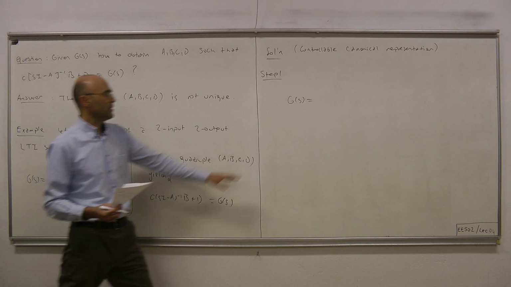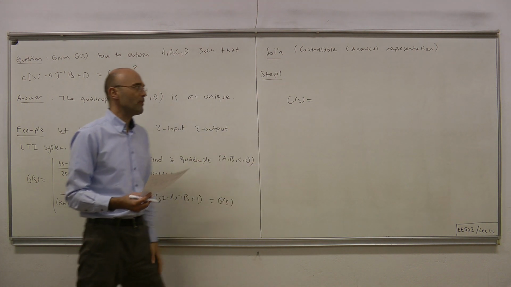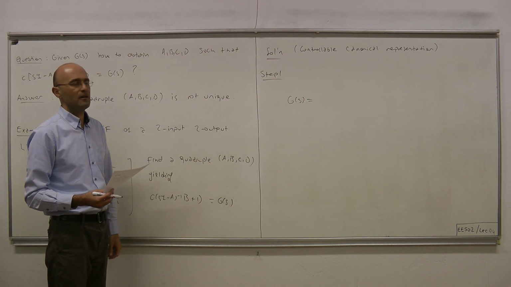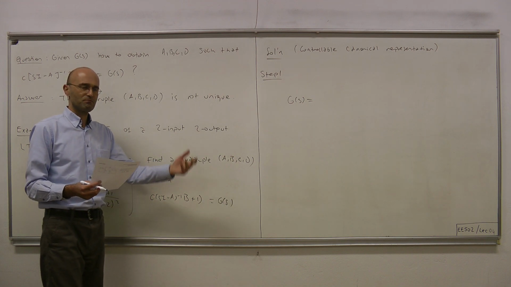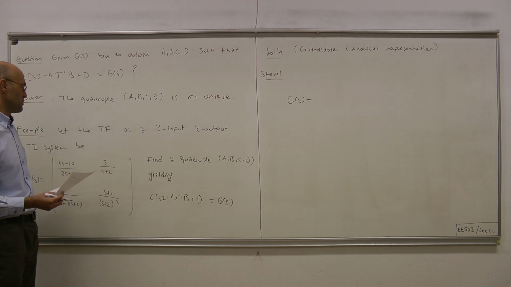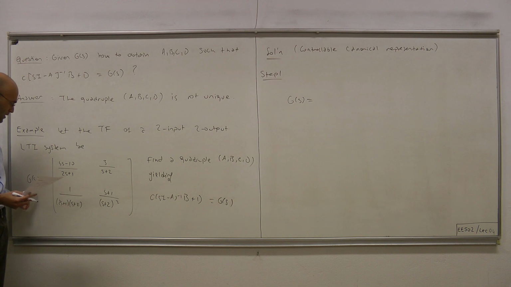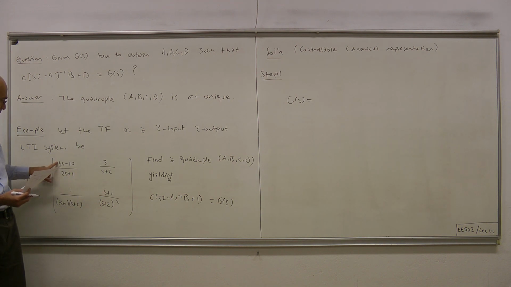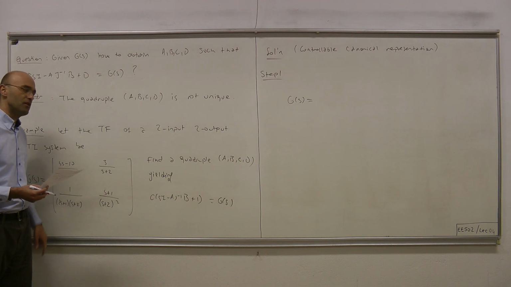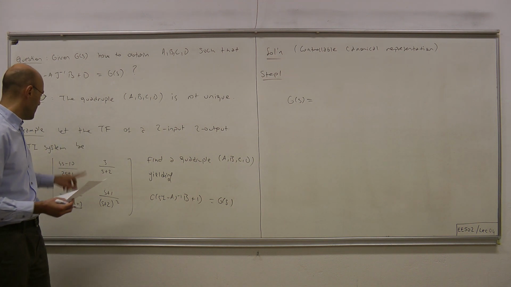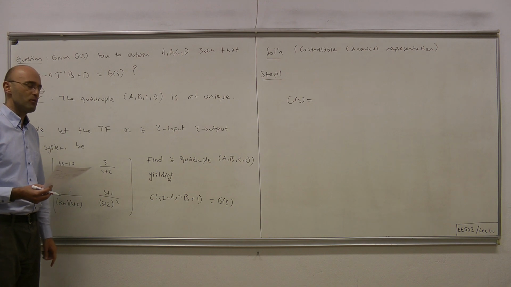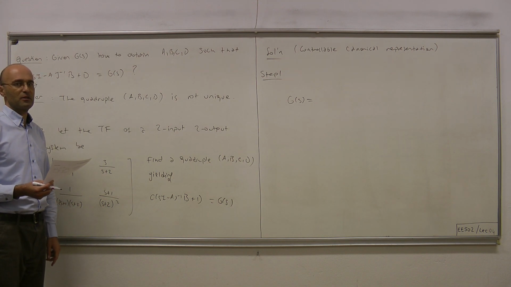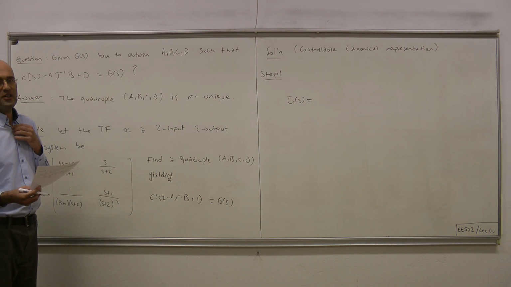Okay, so if G itself is strictly proper, then step 1 can be just overlooked. You can just go to step 2. But in our case, this is strictly proper, this is strictly proper, this is strictly proper. But here, the degree of the numerator and the degree of the denominator are equal to one another. Therefore, this entry is not strictly proper. Therefore, G of s itself is not strictly proper. Hence, step 1 is necessary.